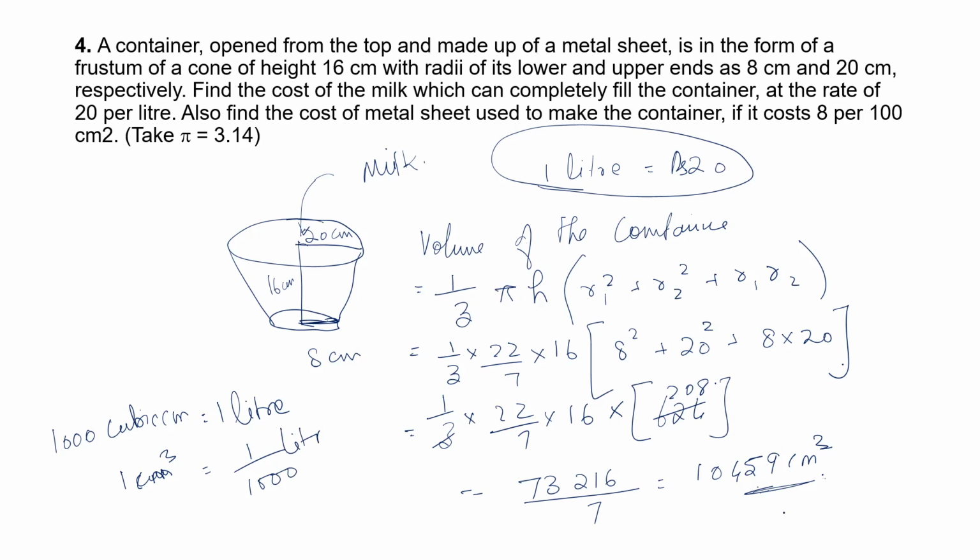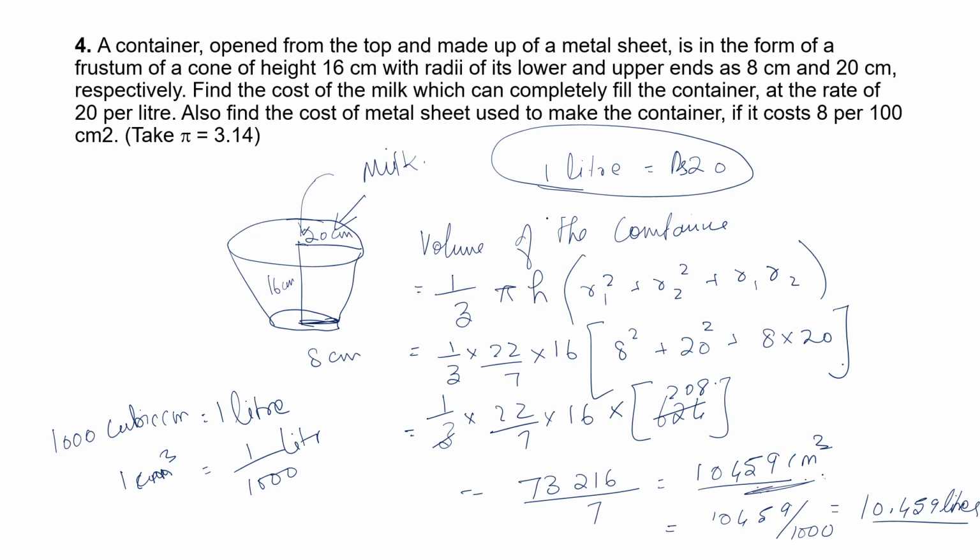So if you are converting, we have to divide by 1000. The answer is 10.459 liters. This is the total volume of this frustum. Around 10.5 liters of milk is there in this.